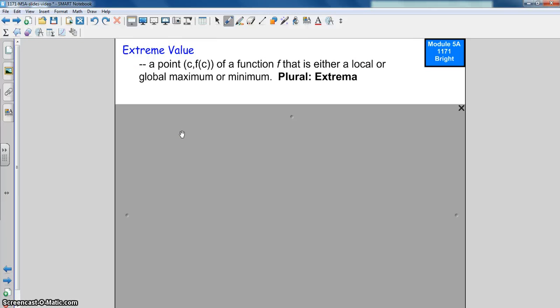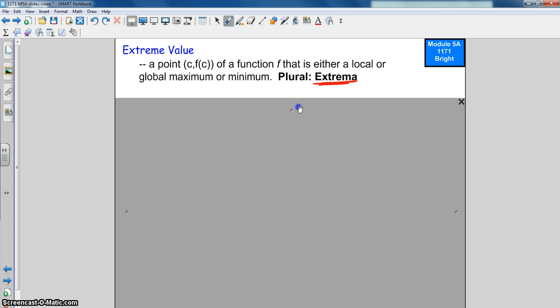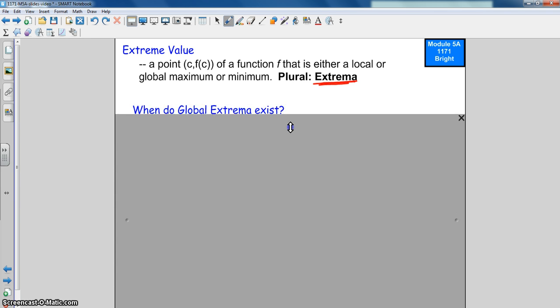Now, when we talk about all of the mins and maxes together, whether they're local or global or absolute, we talk about them being extreme values. Typically, if you hear the word extrema, that's the plural form of extreme values. For example, you might see a problem that says find and classify the extrema of the function.